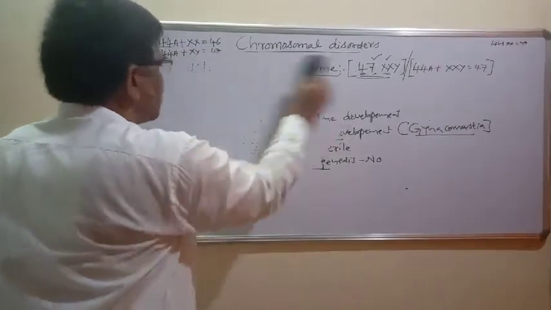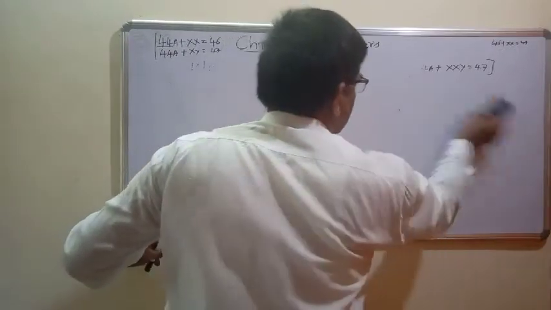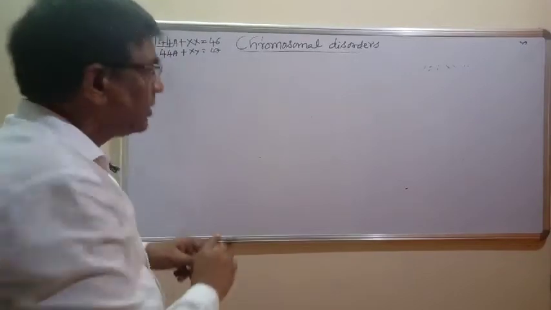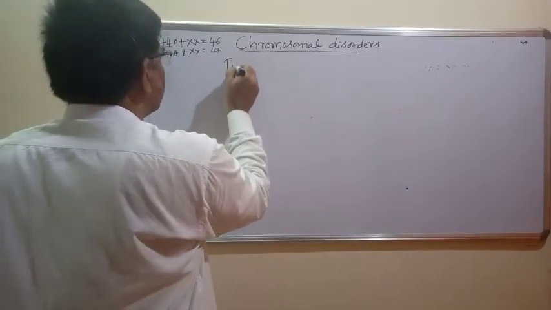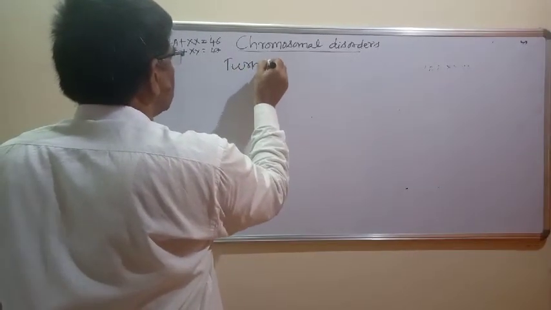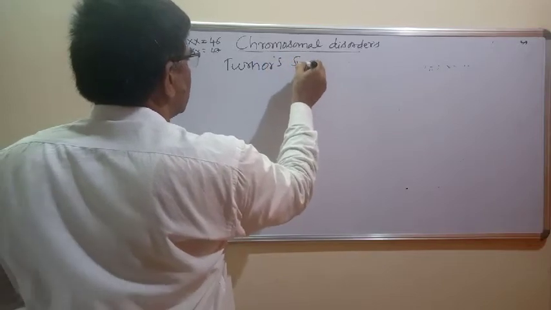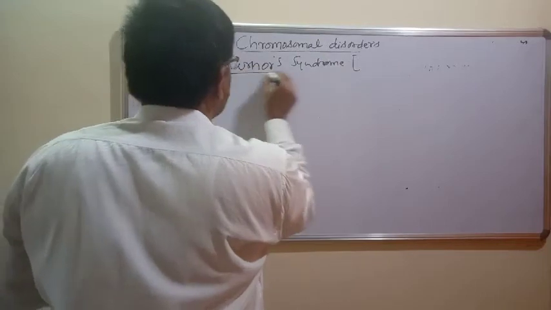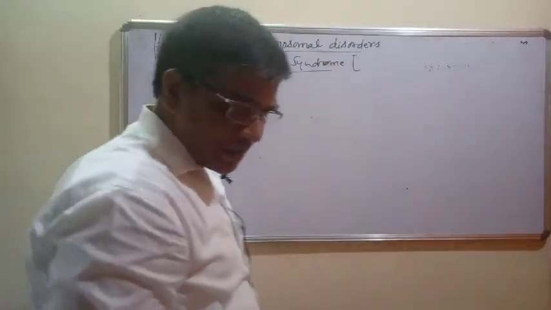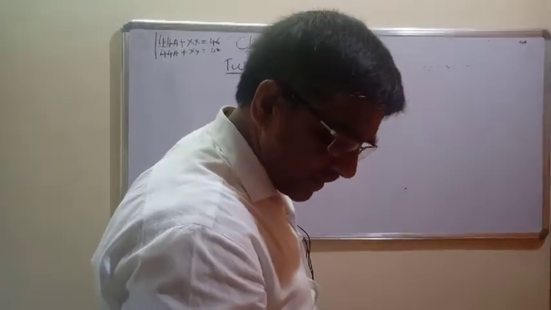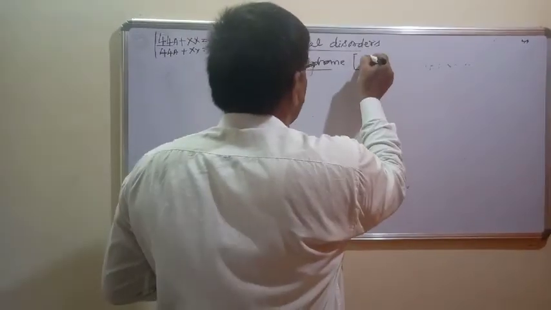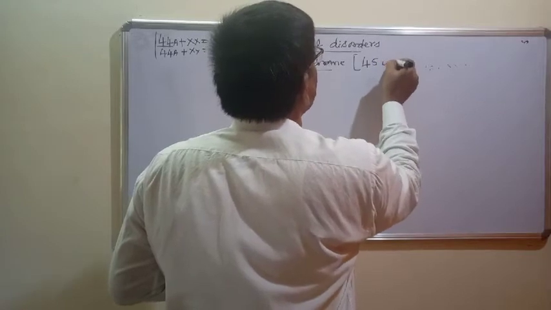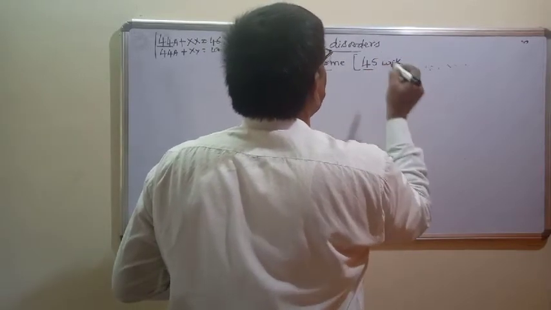And let us discuss one more genetic disease, that is Turner's syndrome. So here, as usual, I am writing the chromosomal complement. In case of Turner syndrome, you can write 45, just 45, with X0 or O. What is the meaning of this 45?